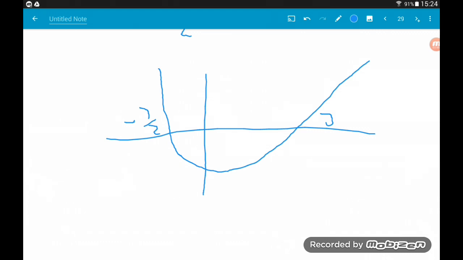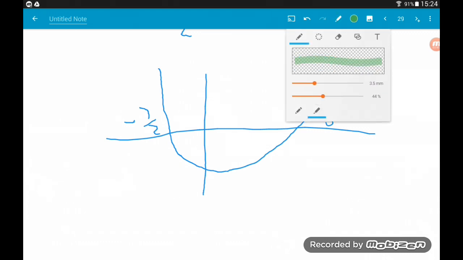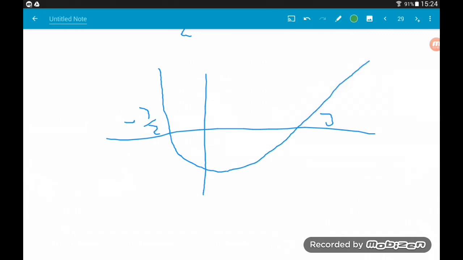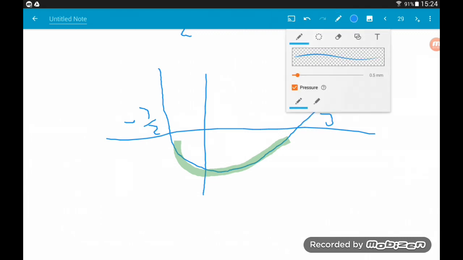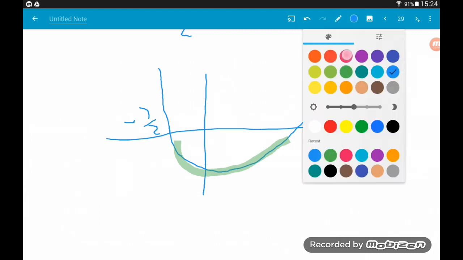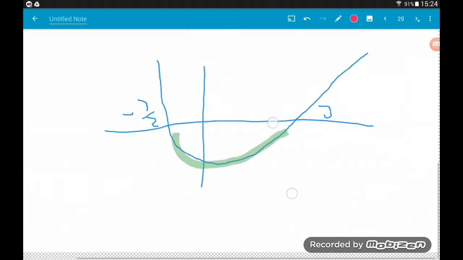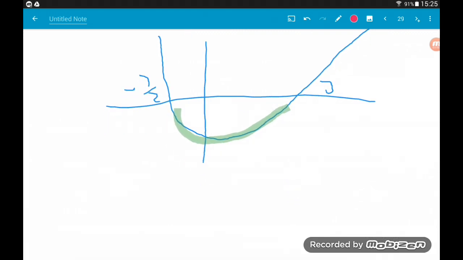So in terms of the graph, less than 0 is down below the x-axis. So we're down here. So the range of x for that is, well, x is greater than minus 3 halves, but less than 3.